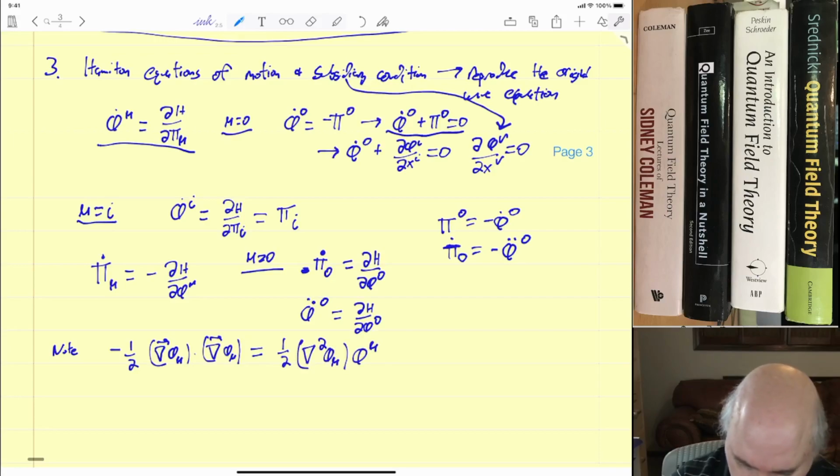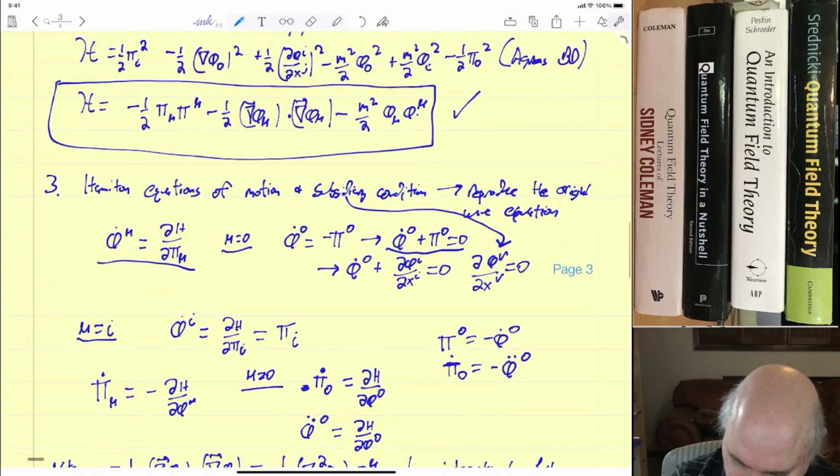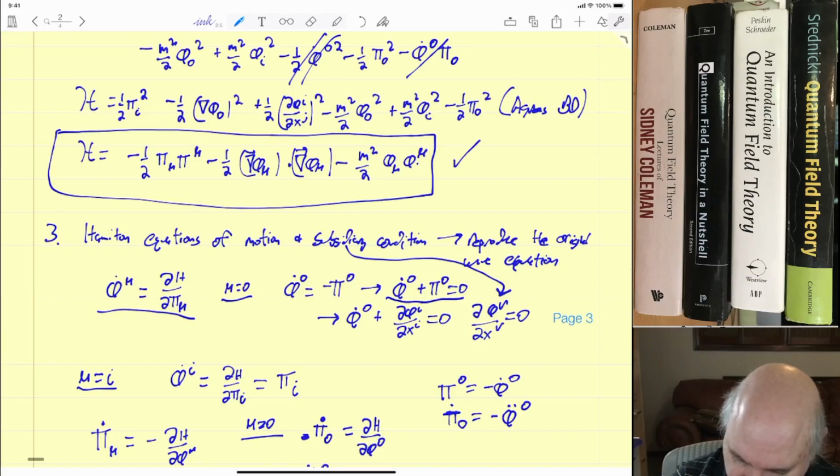Just makes it easier to differentiate. Or you could just work with this and take one derivative here and take the del's out. Either way. So let's go back to our Hamiltonian density.